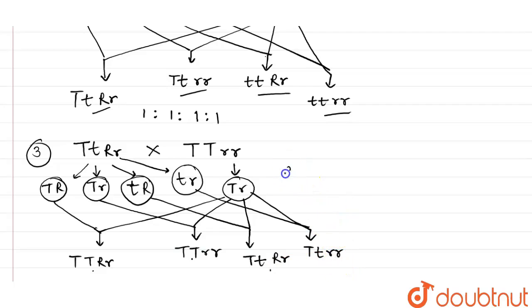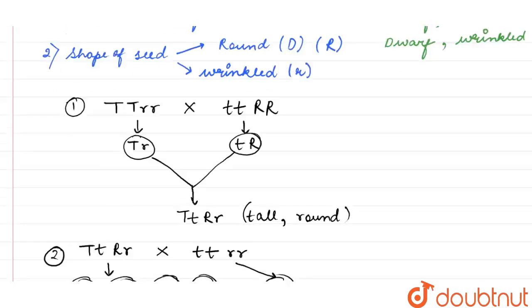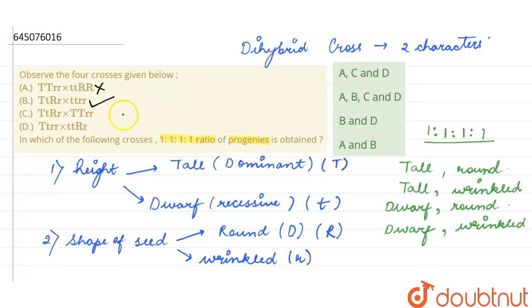So there is no dwarf plant. The dwarf phenotype is not showing in this cross. So the third option is incorrect for the ratio of 1:1:1:1. This is also wrong.